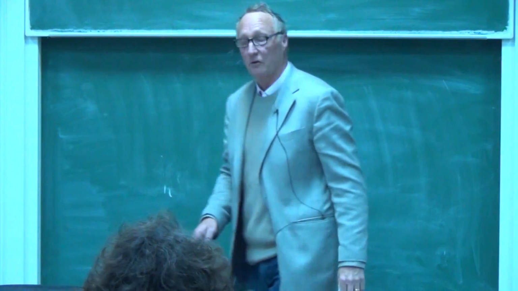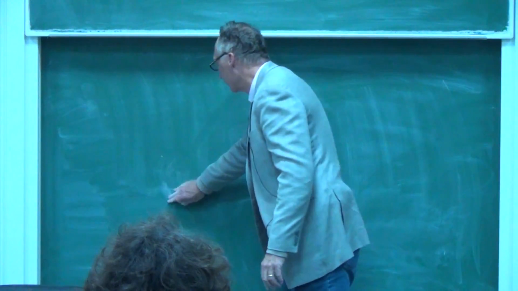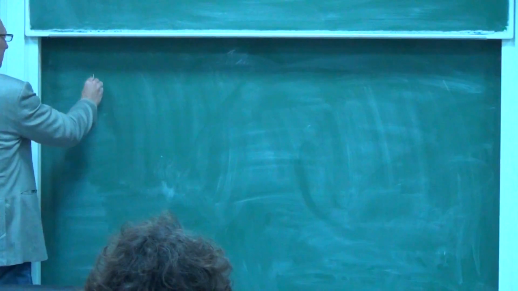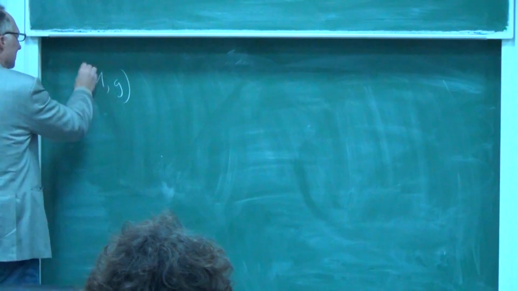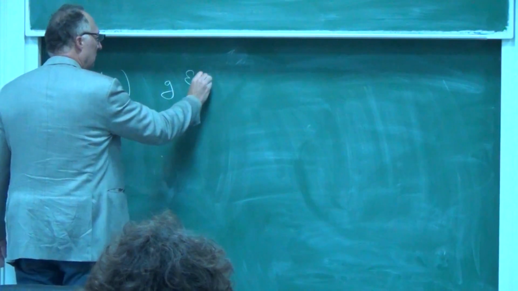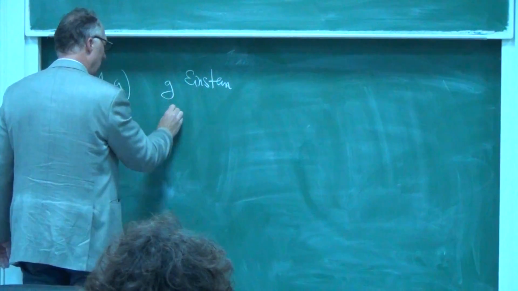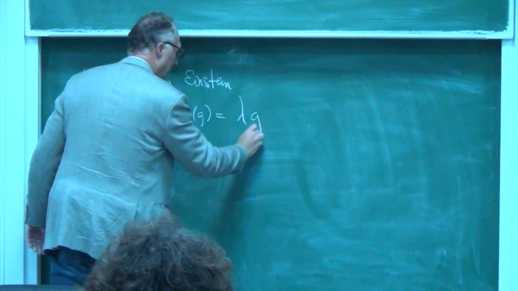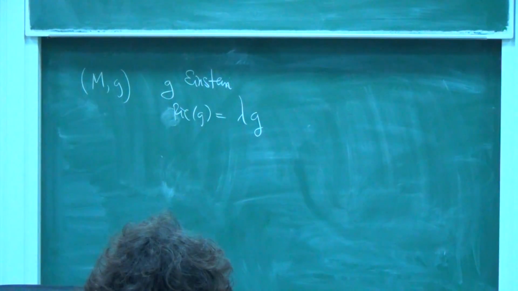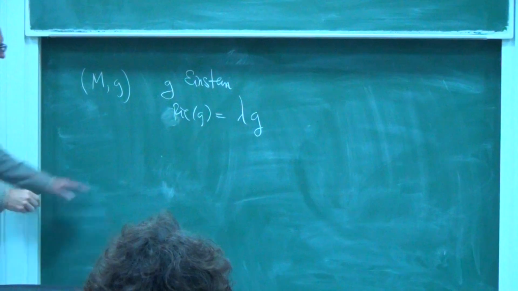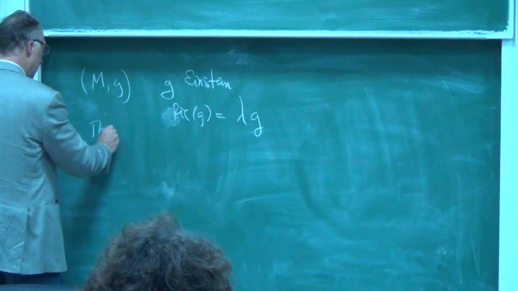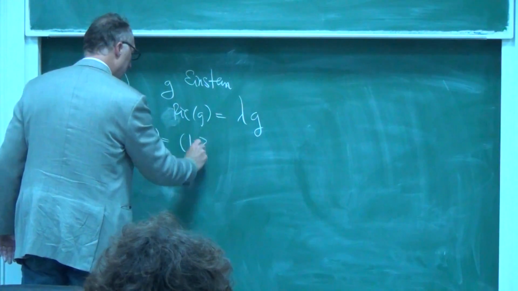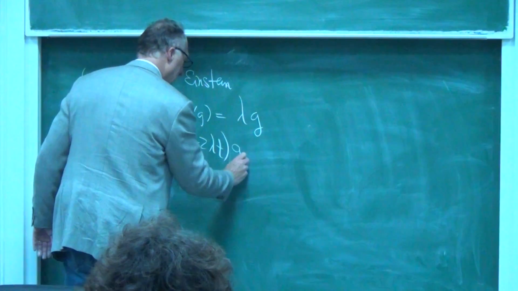Let me just show you some solutions to this equation in a simple case where we can actually solve it. If you start with an Einstein manifold, this simply means that the Ricci curvature of the metric is some multiple of the metric. That's what Einstein means. Then, in fact, you can solve this equation explicitly. g of t is 1 minus 2 lambda t times g naught.